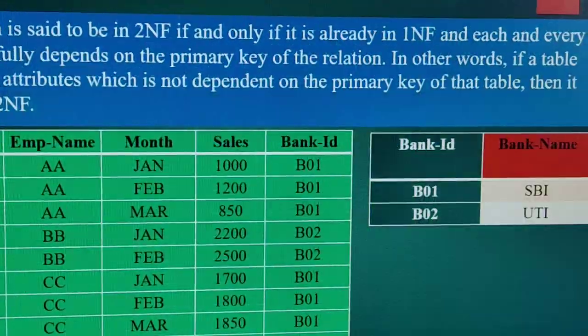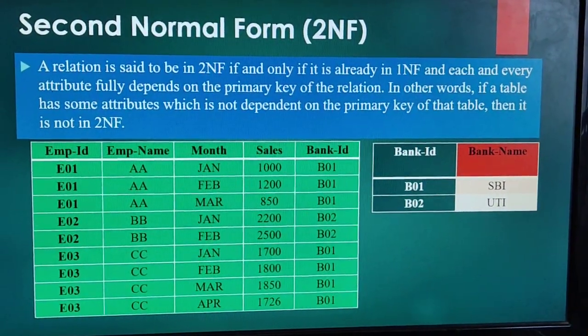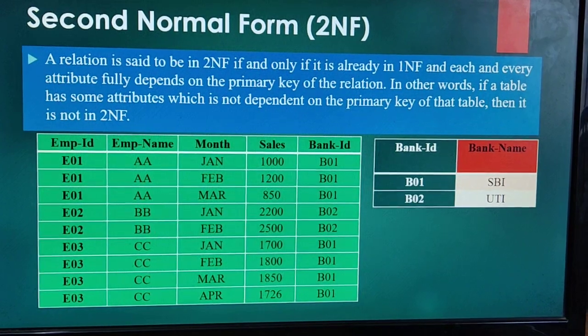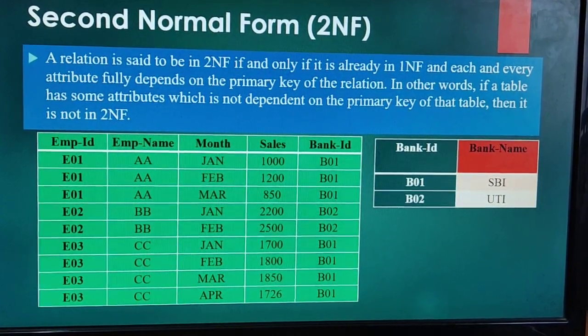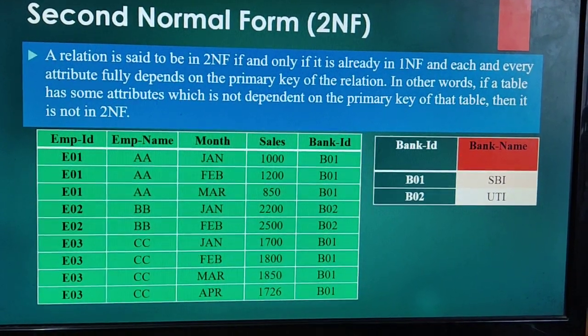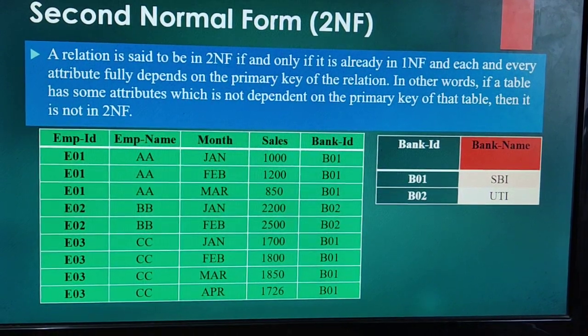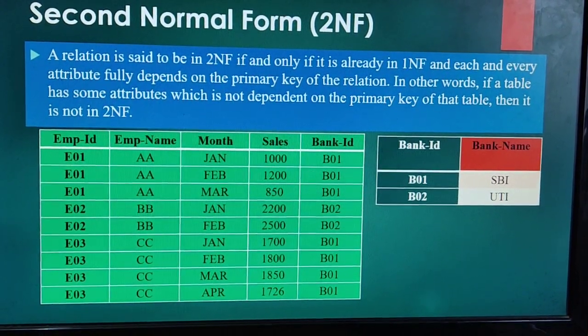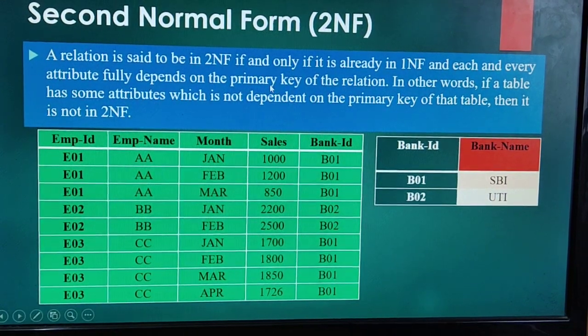Now come to these slides, you will see the examples of second NF. The definition says a relation is said to be in second NF if and only if it is already in first NF and each and every attribute fully depends on the primary key of the relation. Here the primary key is coming.